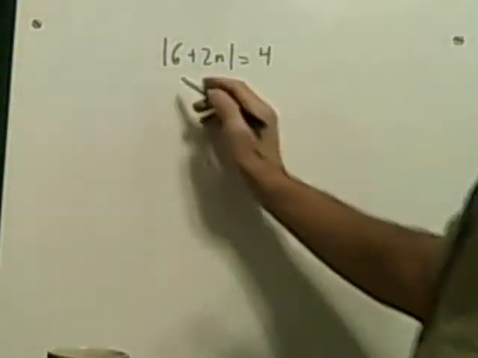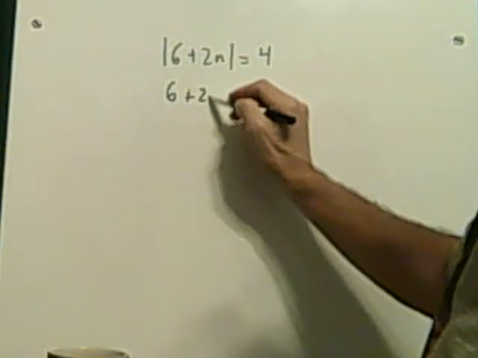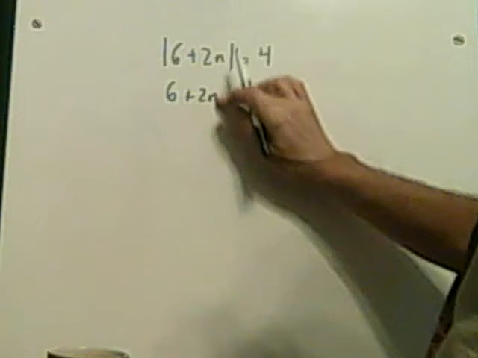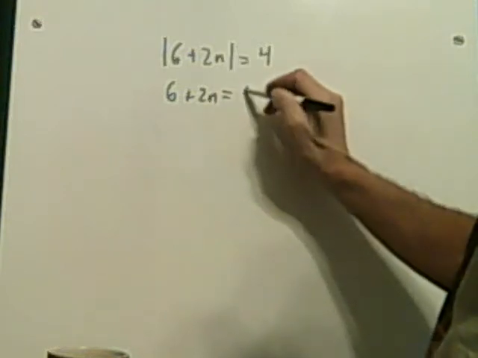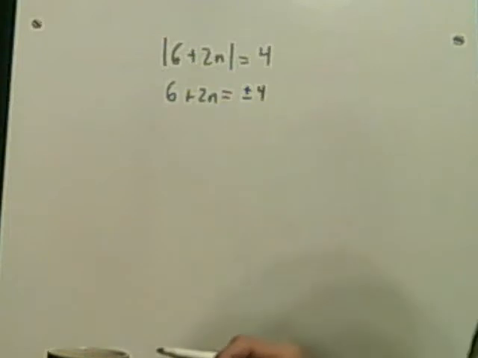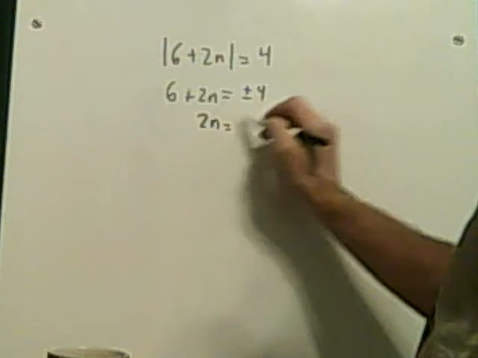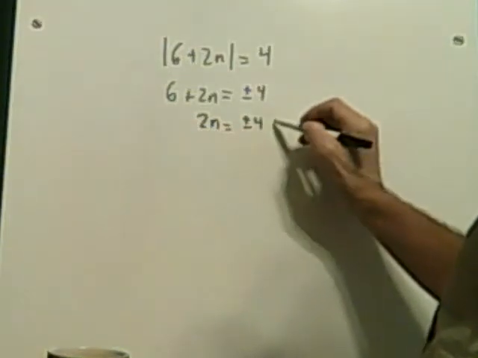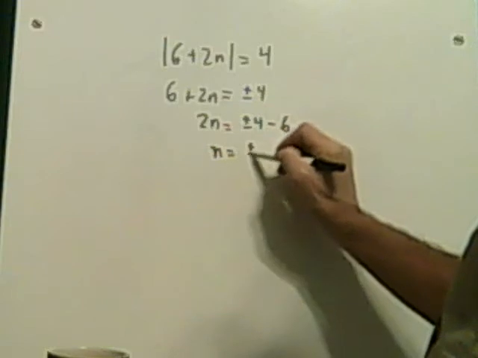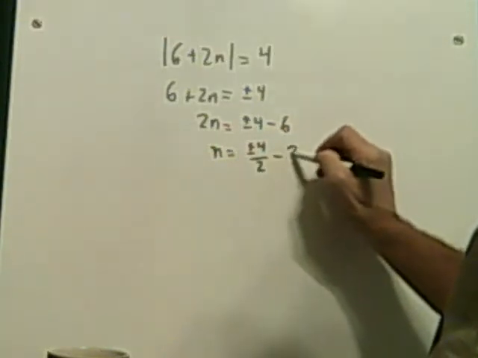So I think one way to conveniently solve this is by simply saying 6 plus 2n is equal to plus or minus 4, for example, and then solve that. And you could solve that as saying 2n is equal to plus or minus 4 minus 6, or n is equal to plus or minus 4 over 2 minus 3.